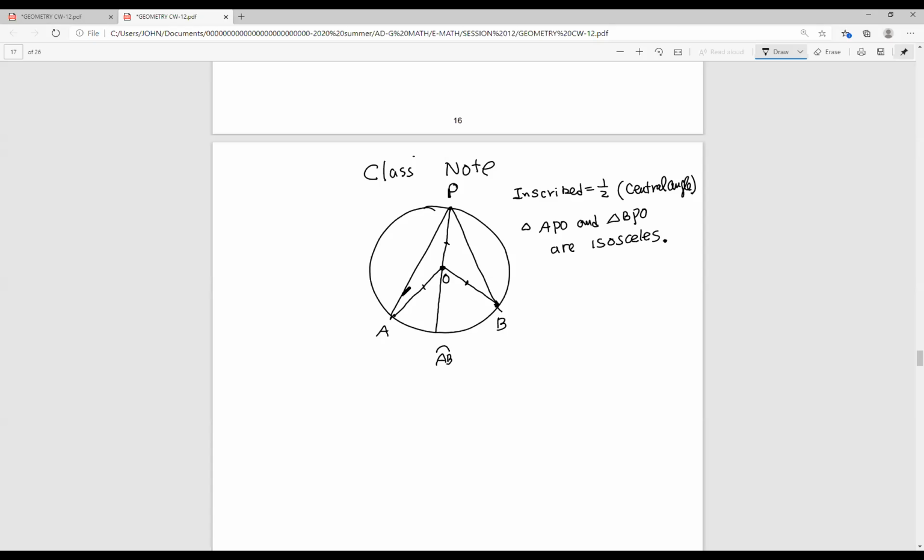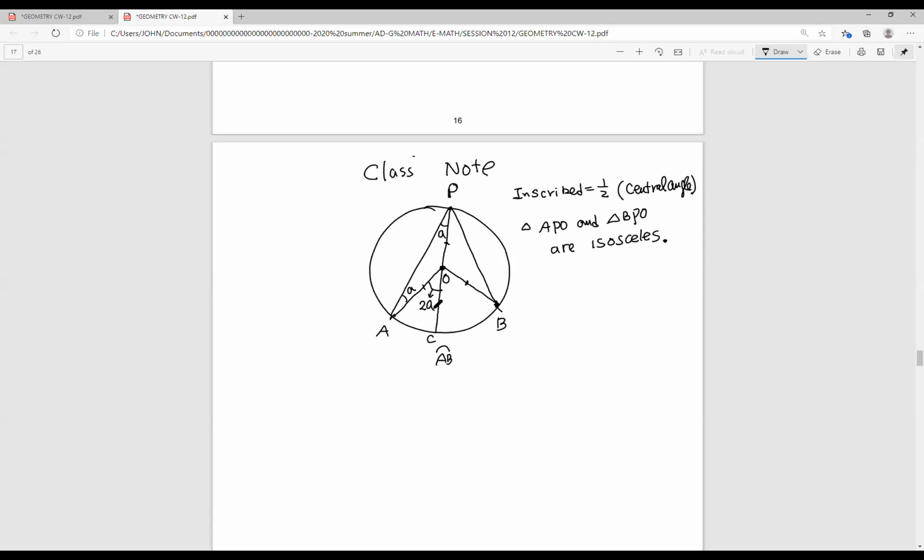Now let's find out. If this angle is A degrees, this angle is also A degrees. What is the measure of this angle? I'm going to call this C, angle AOC. This is an exterior angle, okay? A plus A, isn't it? Exterior angle is always A plus A, which is 2A.